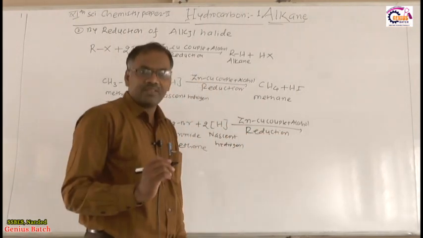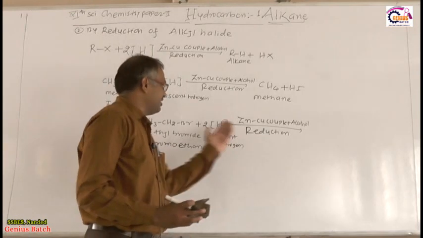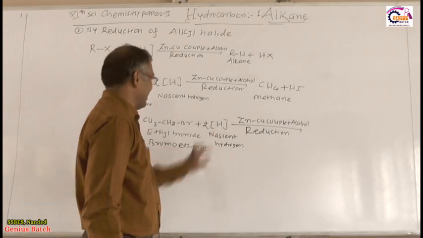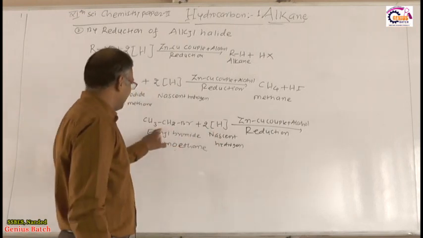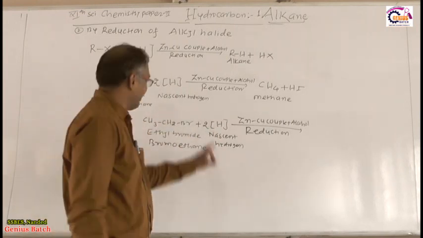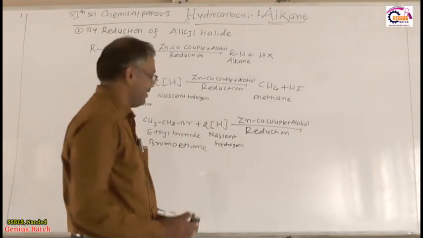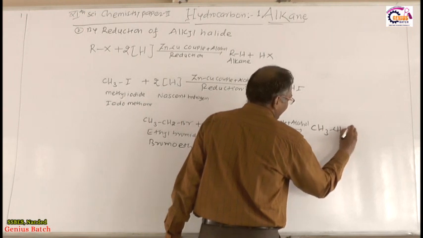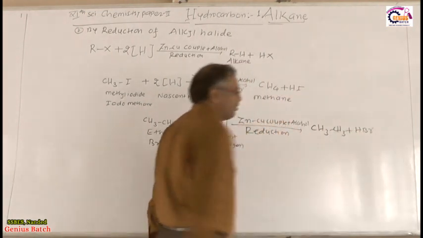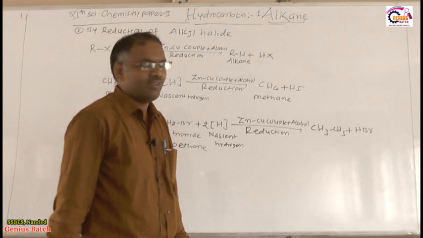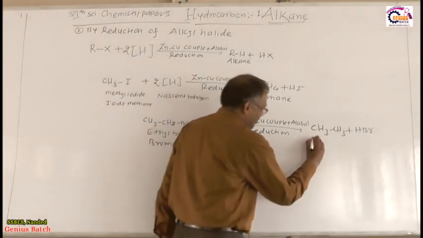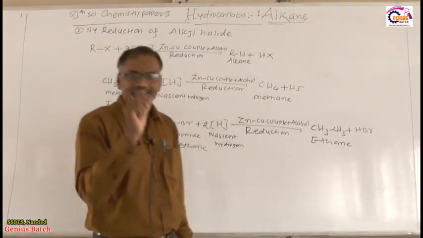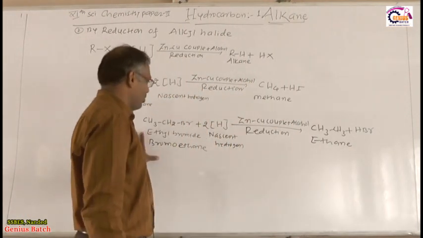What is reduction? Addition of hydrogen. So these two nascent hydrogens are to be added. One hydrogen adds to the ethyl group, forming ethane, and another hydrogen adds to the bromine, forming hydrogen bromide. So you will get ethane. Hence we can prepare ethane from ethyl bromide.